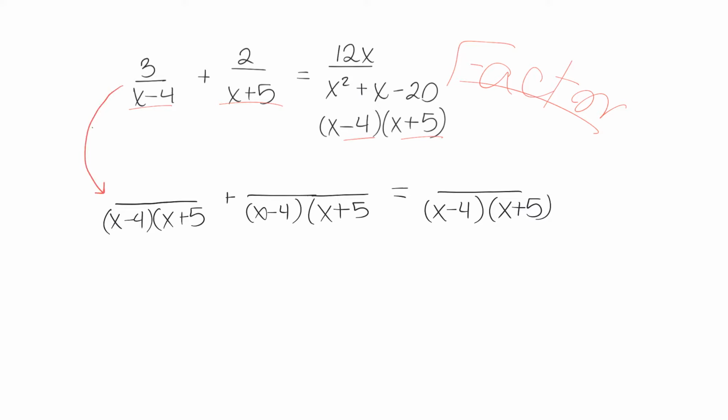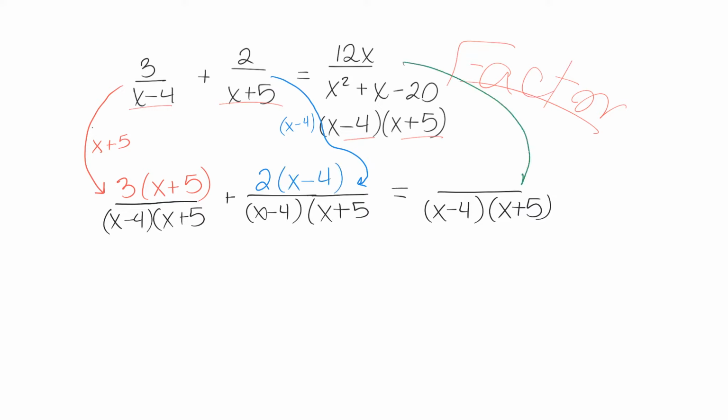We need to multiply by x plus 5. So 3 times x plus 5. In this one, we need to multiply by x minus 4. So I'm going to say 2 times x minus 4. And in the last one, everything was all good there, so we're not going to multiply by anything, and I'm just going to leave my 12x.